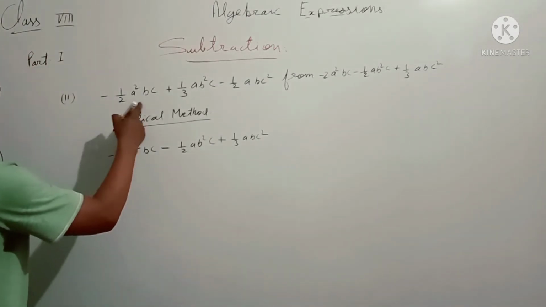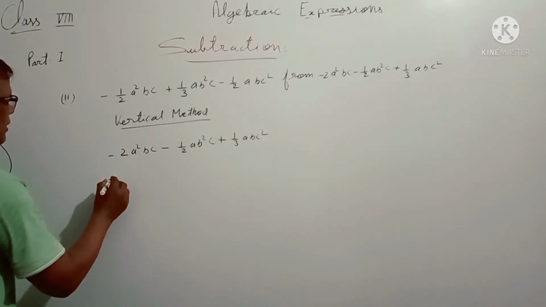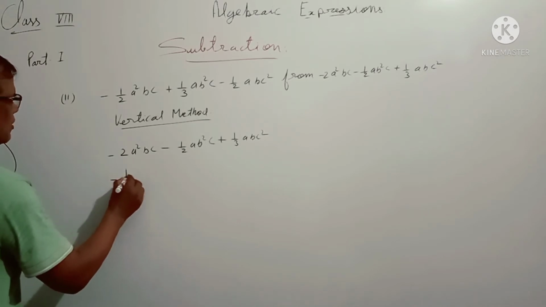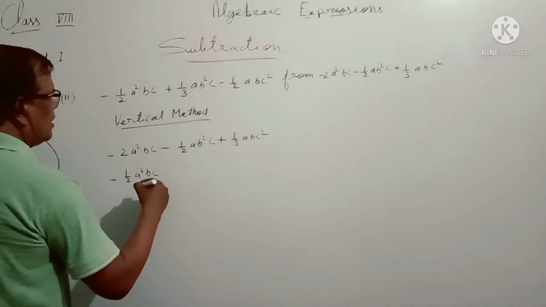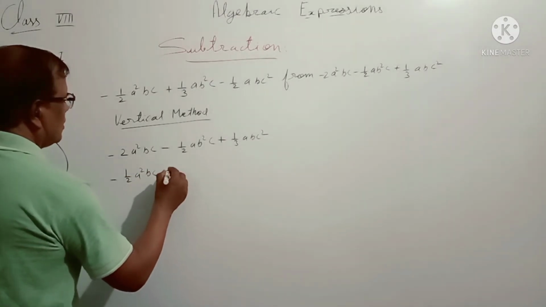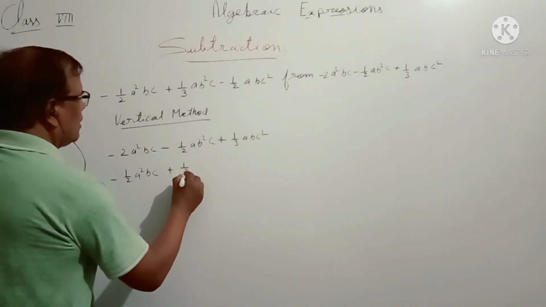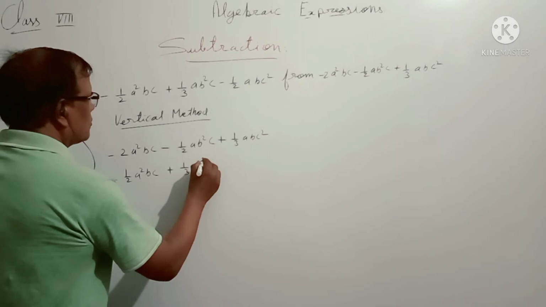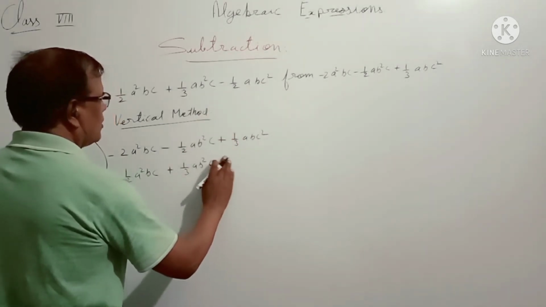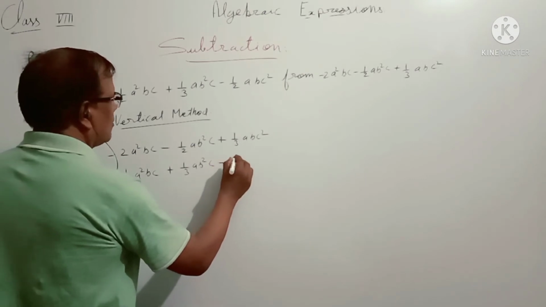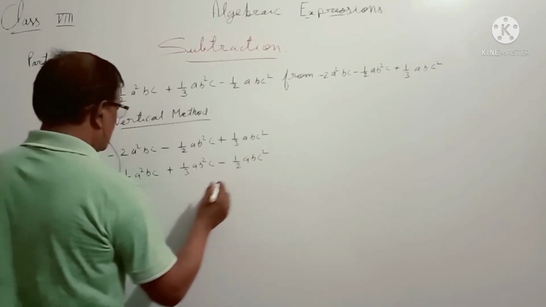As first is a square bc, here also a square bc, so we write here minus 1/2 a square bc. Then next a b square c, with the sign here 1/3 a b square c, plus, then the third term is minus, so we write here minus 1/2 a b c square.